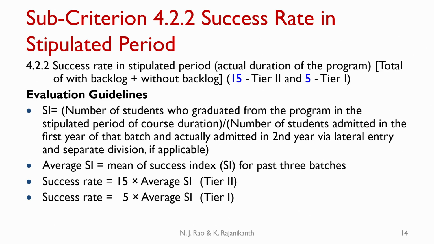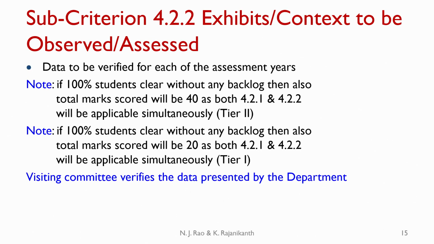So, these two, 4.2.1 and 4.2.2, are different. Sometimes, which is very rare actually, both the numbers that you get for 4.2.1 and 4.2.2 are the same, which means all students have passed without any backlog.